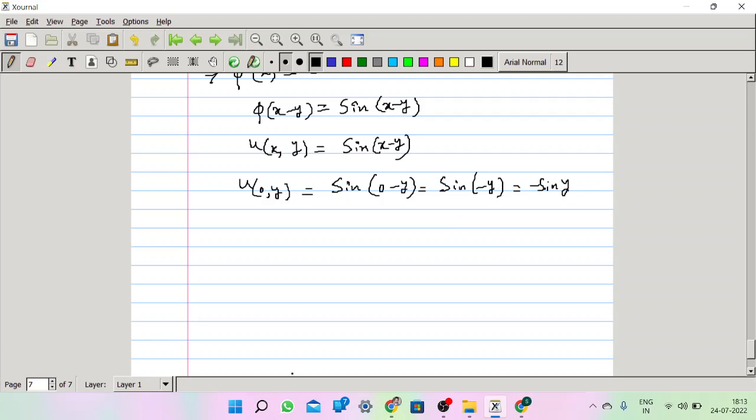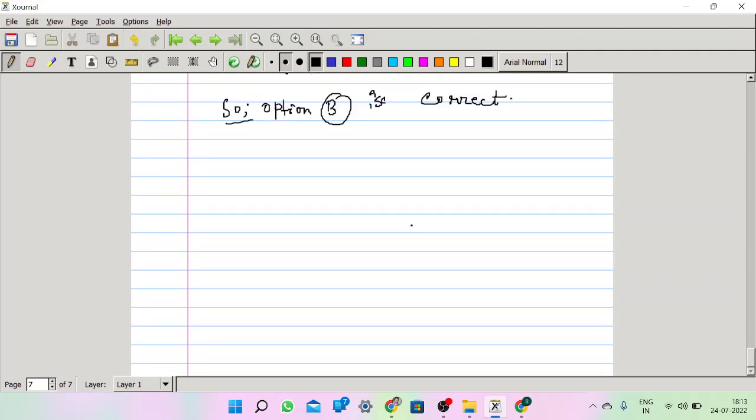So option B is correct. So with this I solved problem 3.